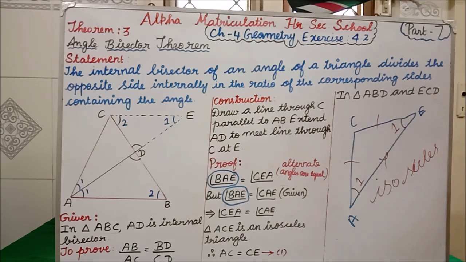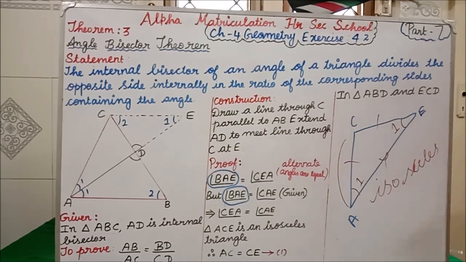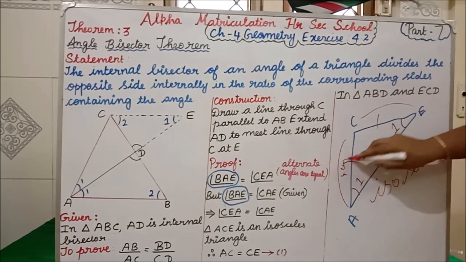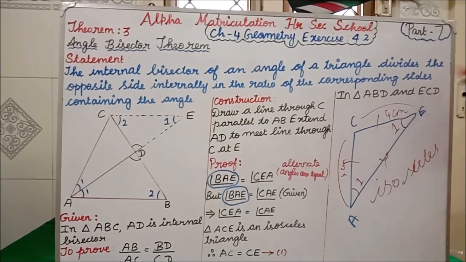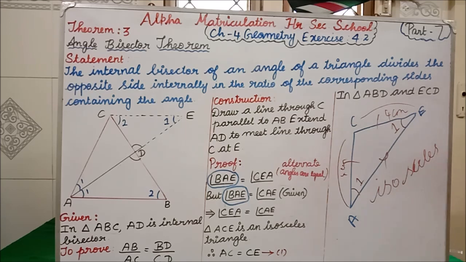So isosceles triangle means any two sides are equal. So I have written therefore AC, this side AC is equal to CE. Okay, clear? This side AC from here to here is equal to CE, both the sides. If here it is 4 cm, then this side will be 4 cm. Clear? In an isosceles triangle, two sides are equal and one side is different.